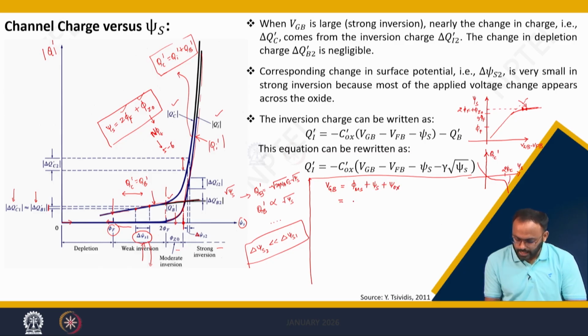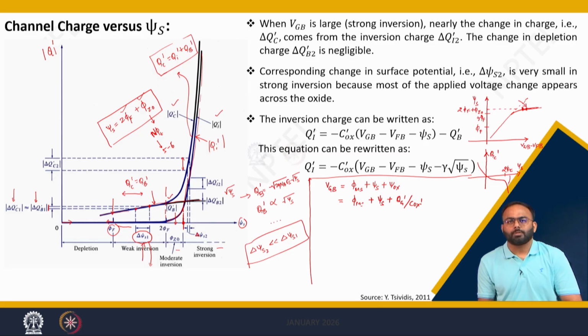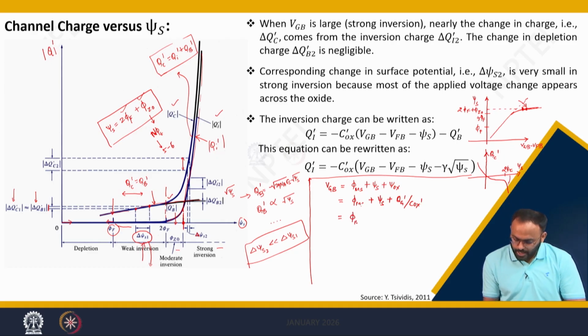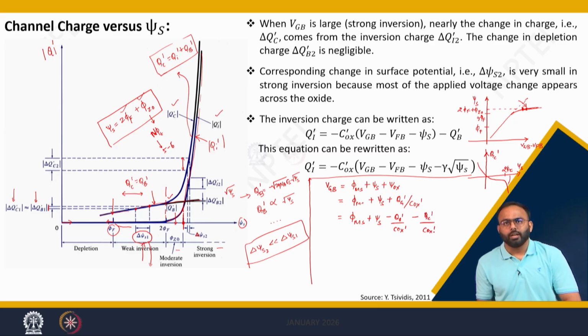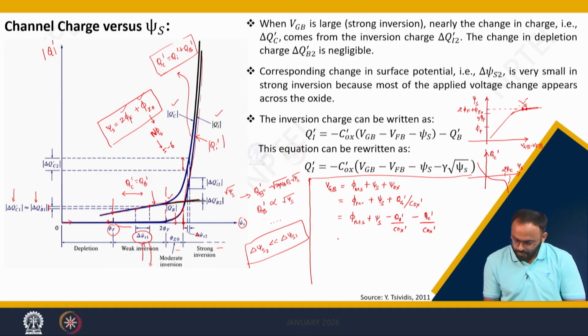Now psi ox can be replaced by QG dash divided by Cox dash. This can be written as phi ms plus psi s minus Q0 dash by Cox dash minus QC dash by Cox dash. We have already done this kind of exercise.